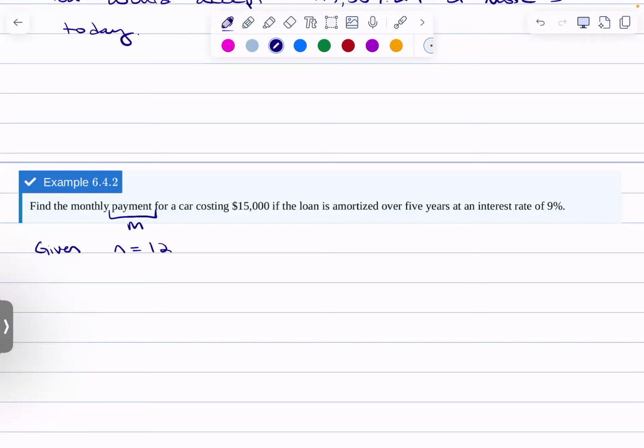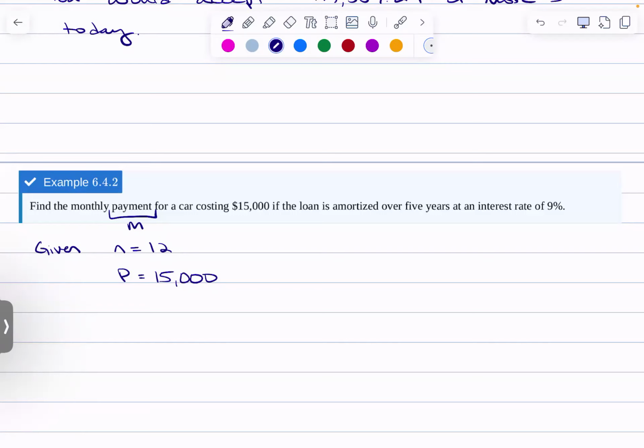15,000 is going to be that principal amount that you borrowed. Right? And so P is 15,000. Amortized, I would guess it's to kill your debt, right? Amortized, you're chipping away at it.